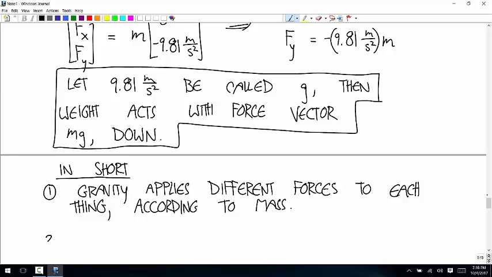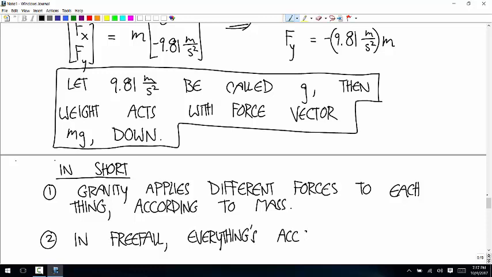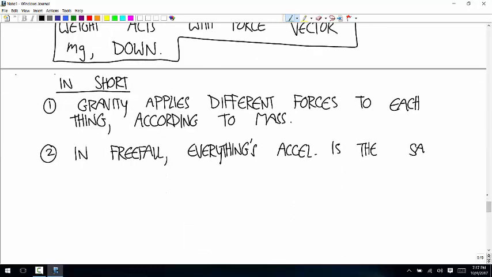But in free fall, everything's acceleration is the same, regardless of the mass.